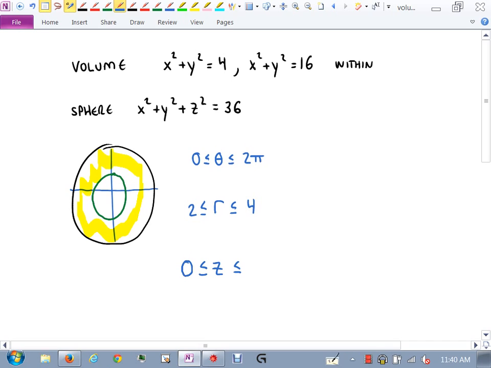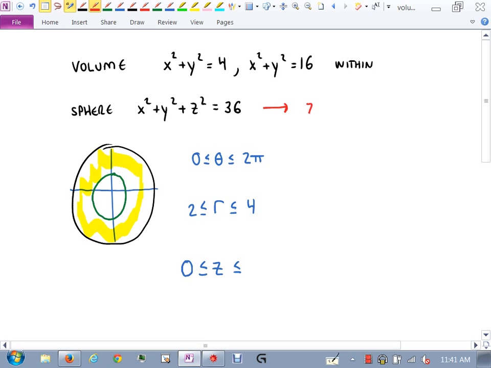Now we said the top was the sphere, right? Which means that you need to take that sphere equation and solve for z.